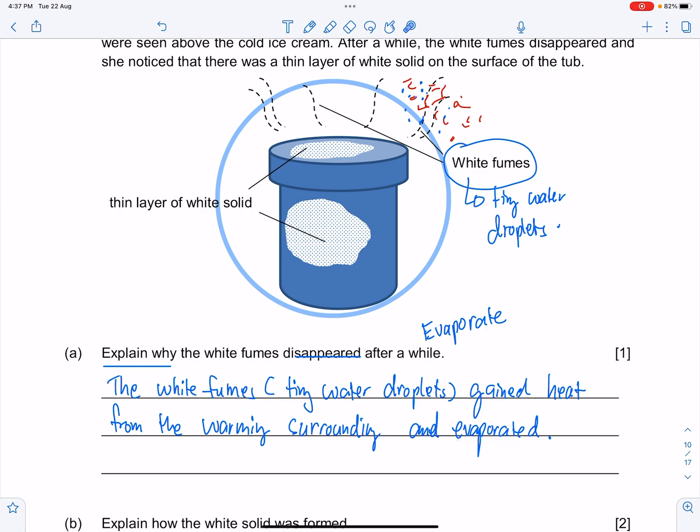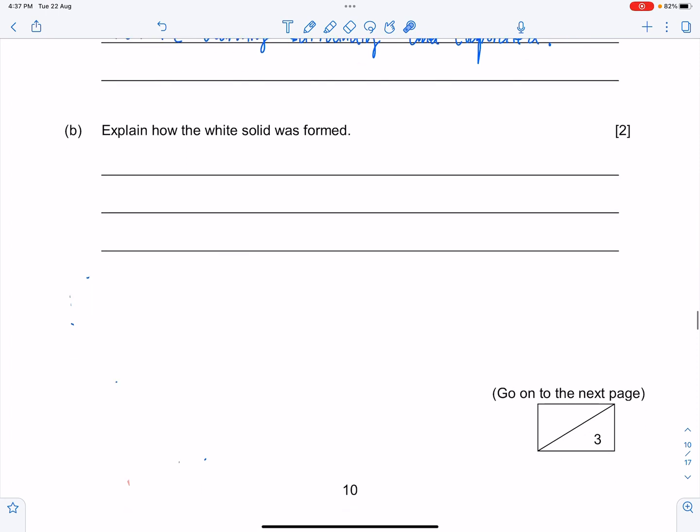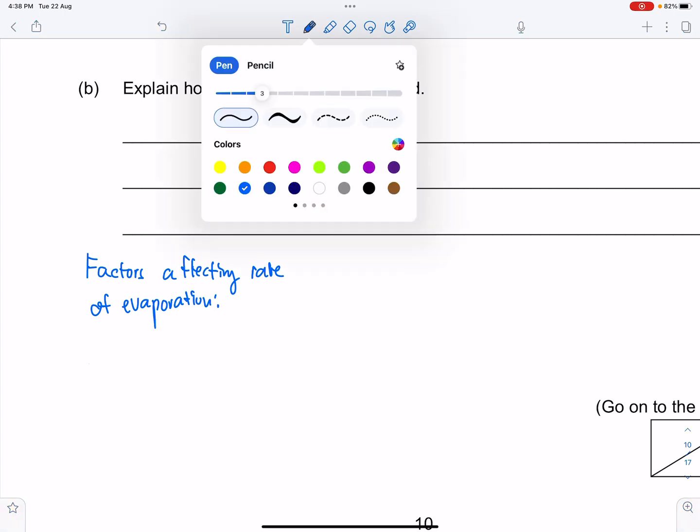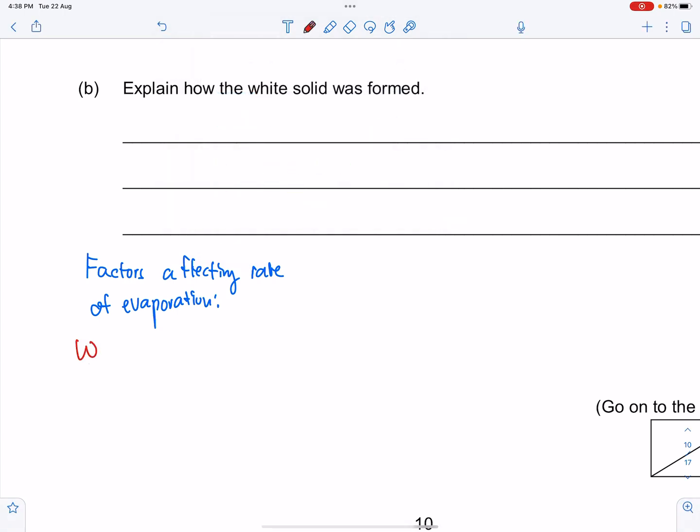So while we're on the topic of evaporation, I also want to take the opportunity to revise with you what are the factors affecting rate of evaporation. How I remember it is W-E-T, wet.